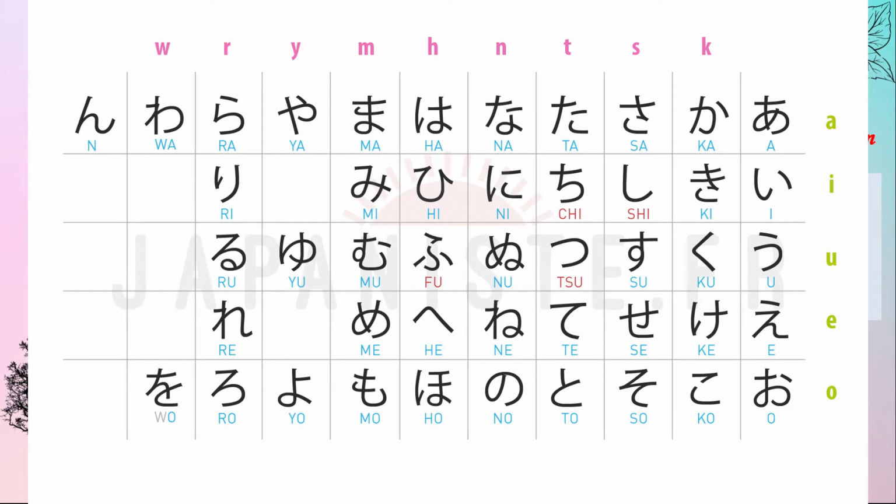You only have syllables. So you notice that a consonant is never used alone. A consonant alone doesn't exist in Japanese. And so when, for example, you have the ki sound, don't think that it's K plus I. It's just ki.